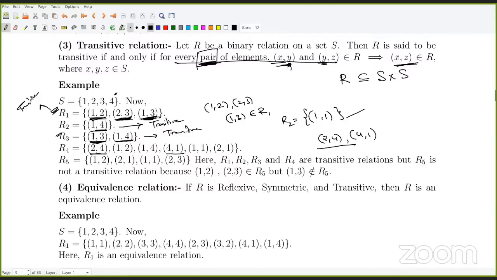With respect to this particular pair (2,4), (4,1), now check for (2,1), removing 4. Whether (2,1) should be in my R4. So check whether (2,1) is in your R4 or not. If you check, yes, (2,1) is in your R4. Okay. With respect to (2,4), (4,1), there is (2,1). So this is transitive with respect to (2,4).